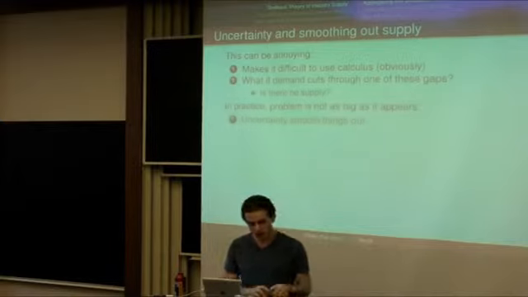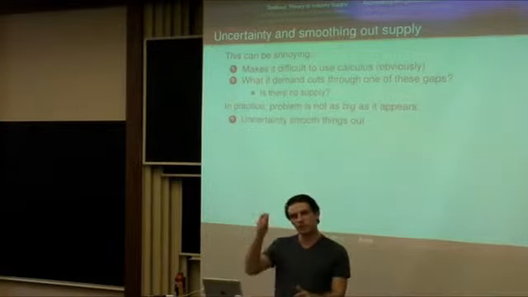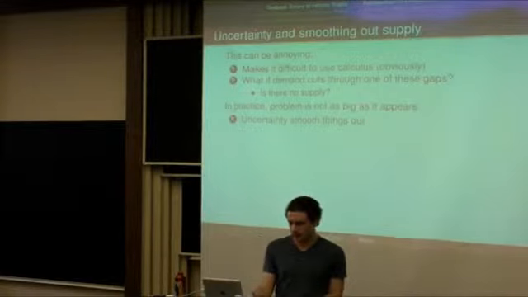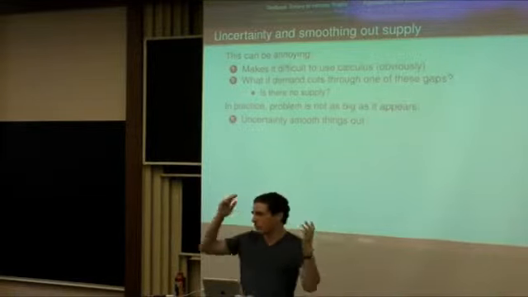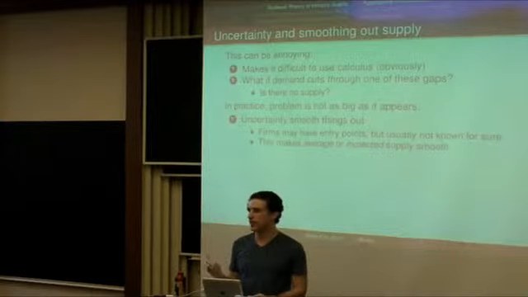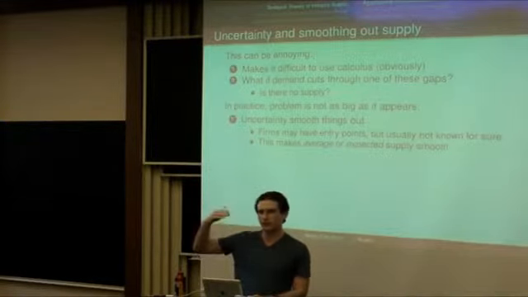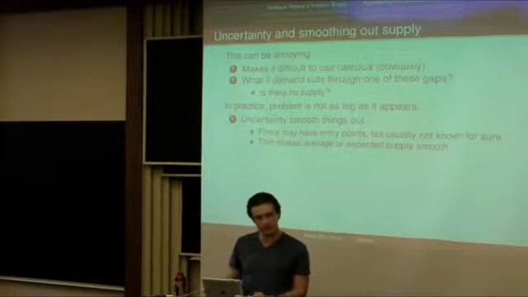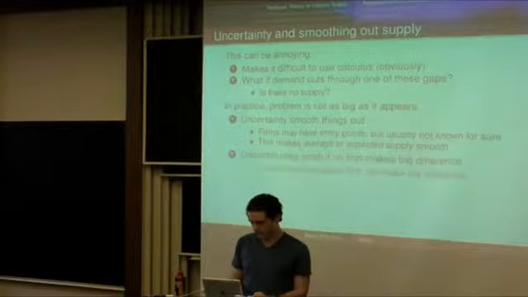So a lot of the times when you get something weird, like there's no equilibrium because it's cutting through, what it's indicating to you is not that you don't know what's going on, but rather that you've got the wrong model. And once you take into account the fact that the firm can have this big impact, you'll realize that they'll want to reduce their quantity in order to try to raise the price.